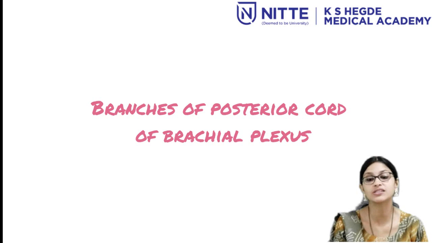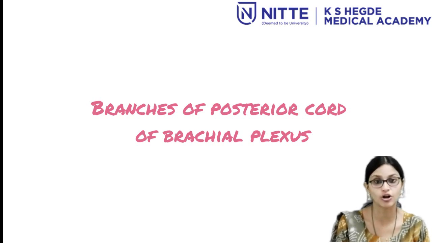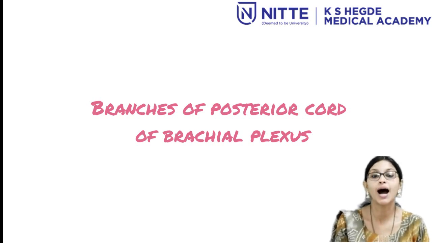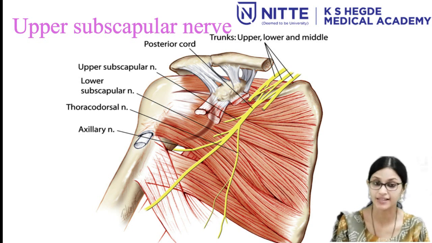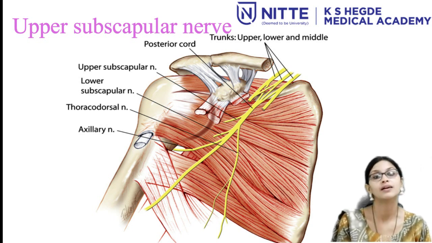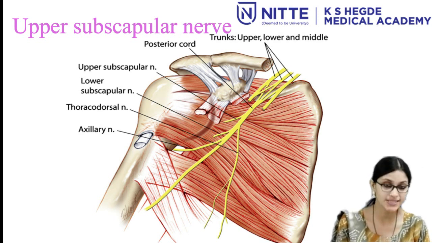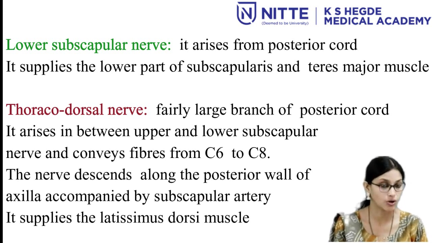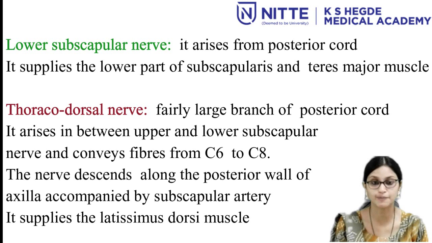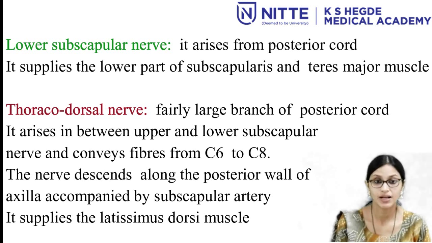Next, coming to the branches given by the posterior cord of the brachial plexus, the upper subscapular nerve. It is a branch of the posterior cord and supplies the upper part of the subscapularis muscle. So this is the first branch to be identified as the posterior cord is descending downwards. Next, the lower subscapular nerve. It arises from the posterior cord and supplies the rest of the subscapularis muscle and the teres major muscle.